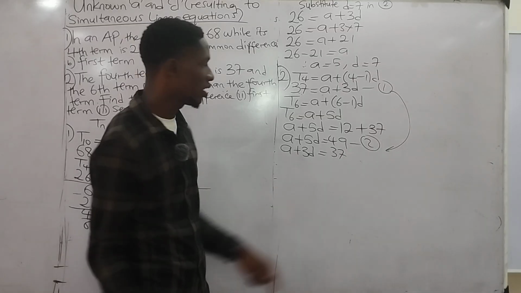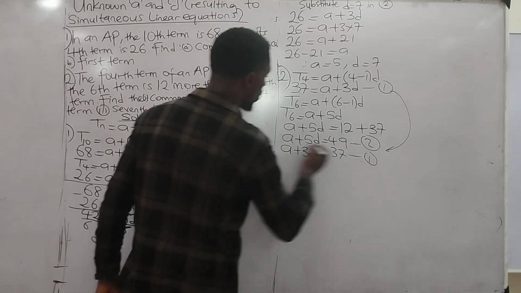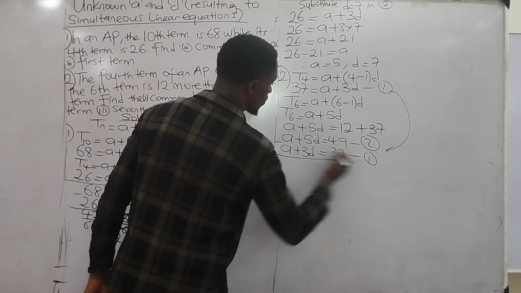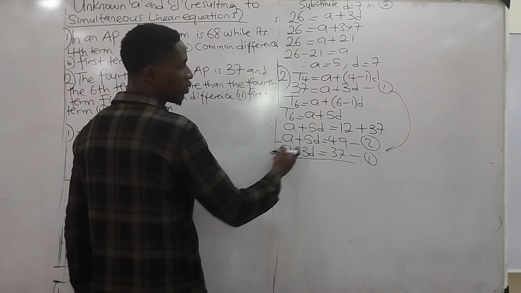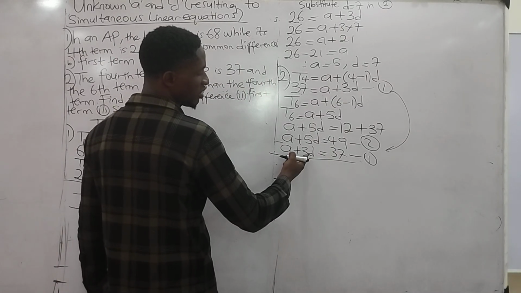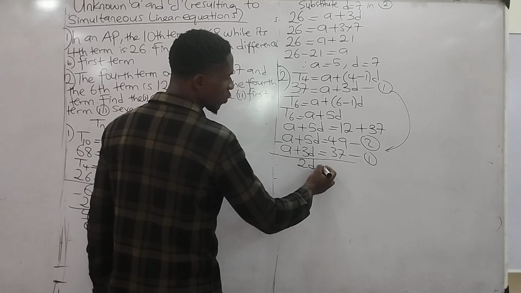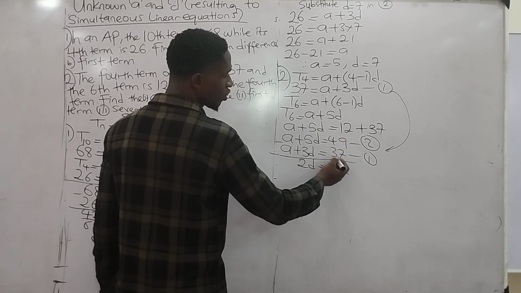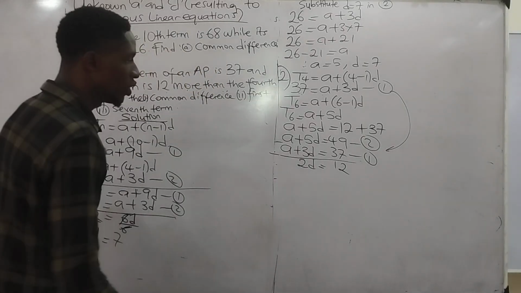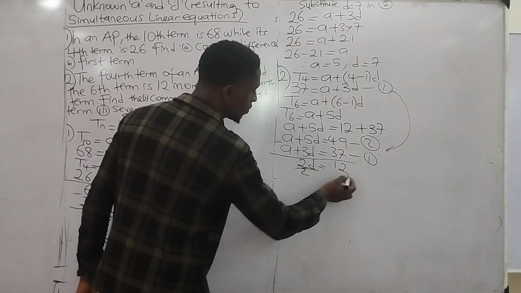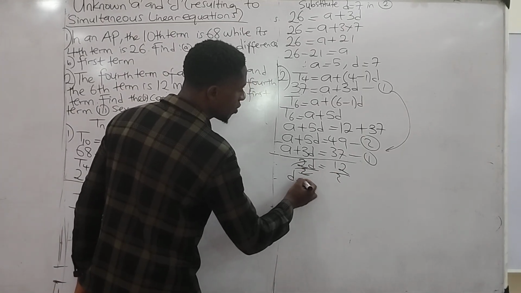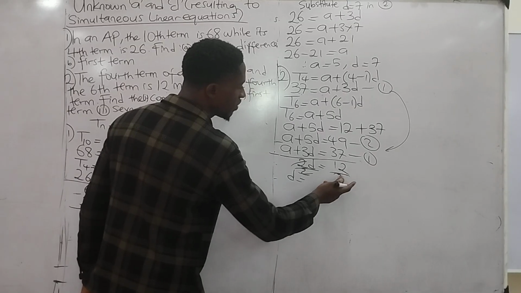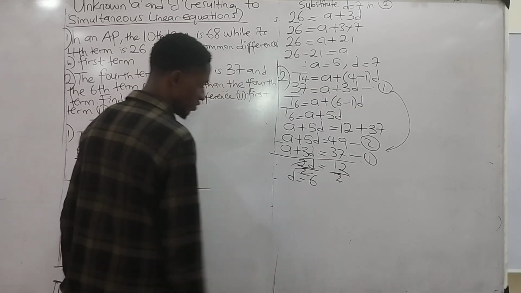We subtract. a minus a is 0, 5d minus 3d is 2d, is equal to 49 minus 37 which is 12. Divide both sides by 2. Our common difference, 12 divided by 2, gives us 6.